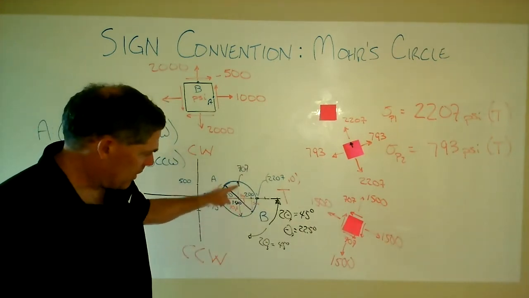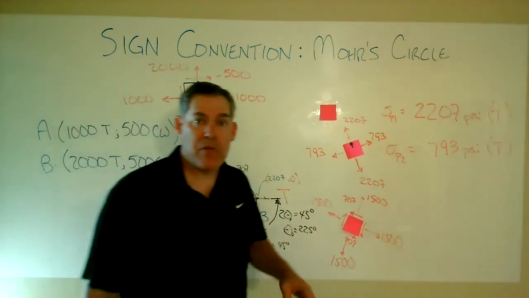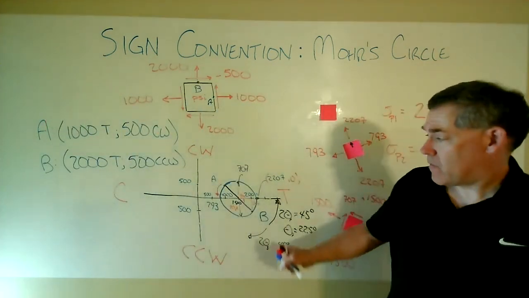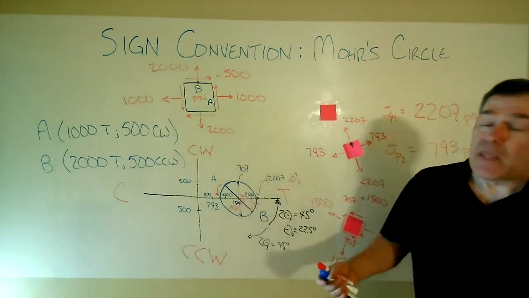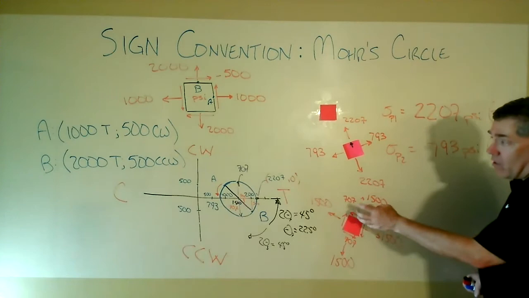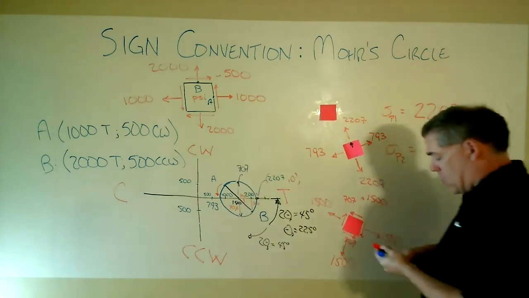Because we're right here, those coordinates tell us what the values are of both the normal and the shear stress, and we're right there vertically opposite of each other, right at the center of the circle. So they're at 1500, and that then will be our maximum minimum shear stresses.